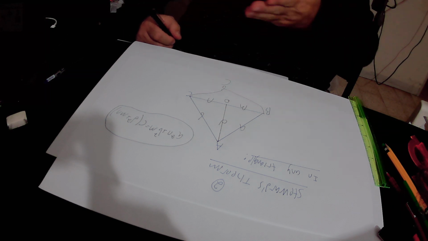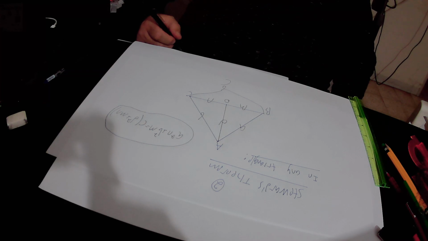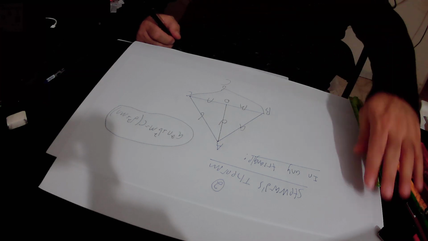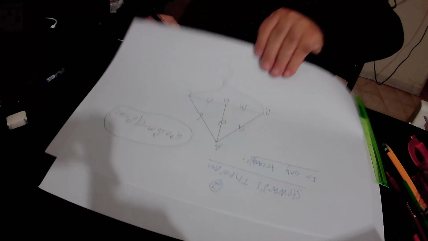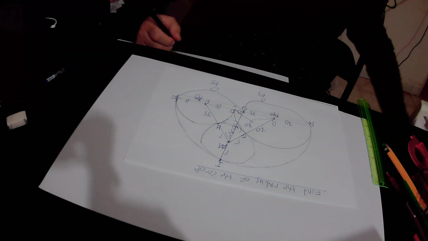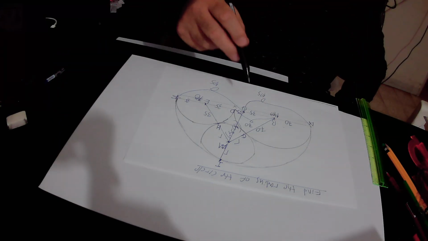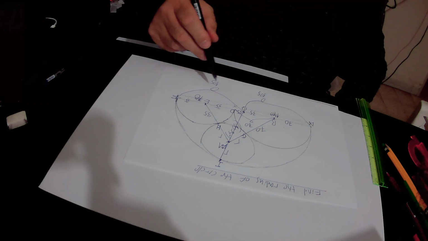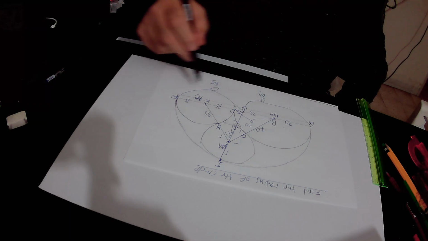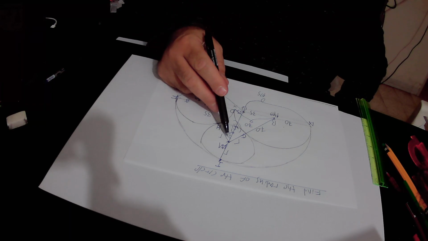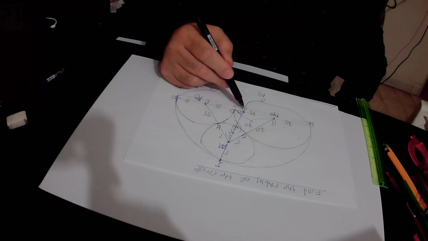So actually we can implement Stewart's theorem in our original drawing, because in our original drawing we have a triangle MBE. This is triangle MBE, and we have line segment MO inside the triangle.